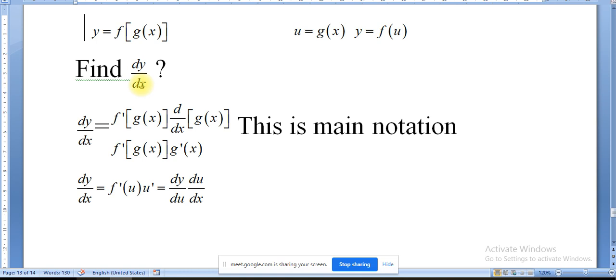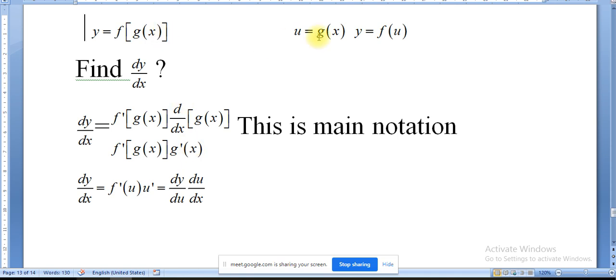Our first law says that we should differentiate this part f first. So derivative of outer function is f dash of g of x. Then we will multiply that by derivative of inner function, that is d by dx of g of x. But derivative of g of x could be written as g dash of x.